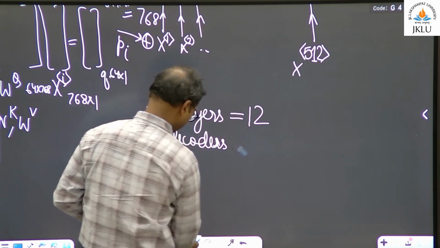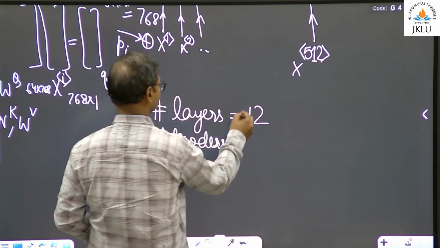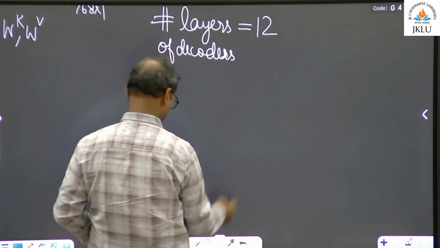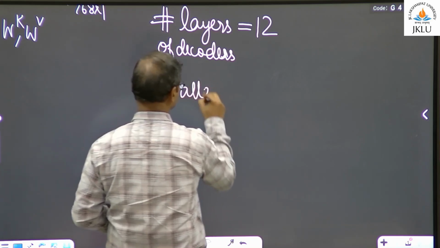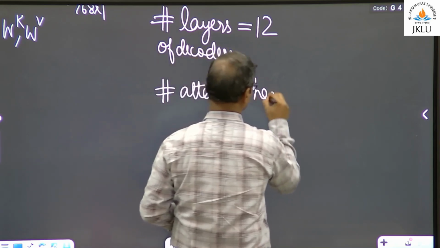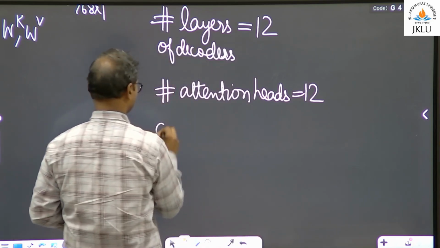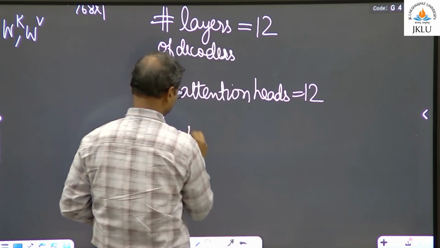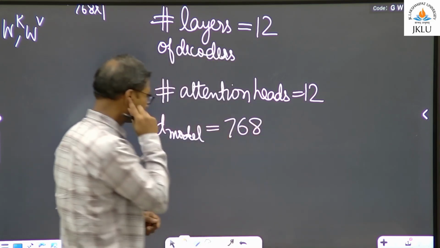Number of attention heads is 12. The model dimension we have already seen is 768.